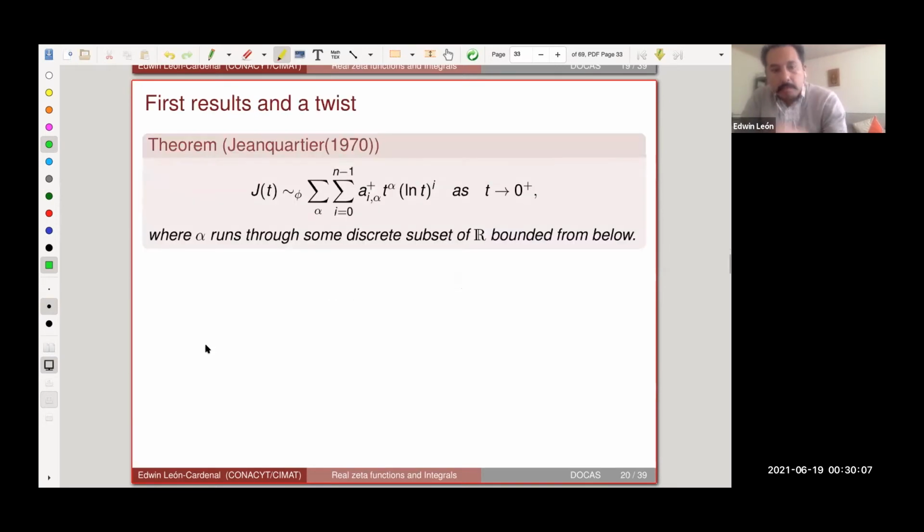So what Jean Quartier proves in the 70s is the following: that these integrals, actually this should be g plus, have an asymptotic expansion when t goes to 0, and in these asymptotics, what appears is a double sum.